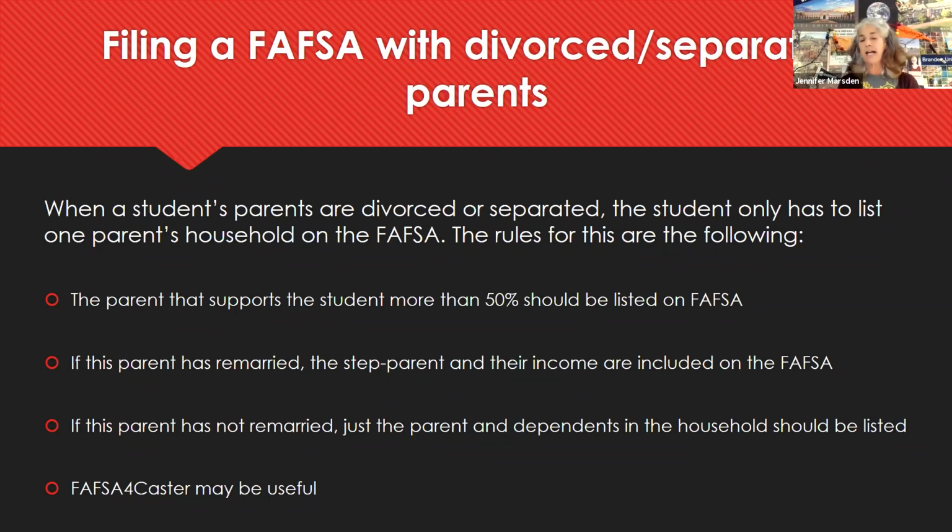It will ask you about your income, your assets, and how many are in your household, the same kinds of questions the FAFSA will ask. Then it gives you an idea of whether your student will be Pell eligible and what kind of grants they might qualify for. So that's a really useful tool for families trying to figure that out. Any questions about that?